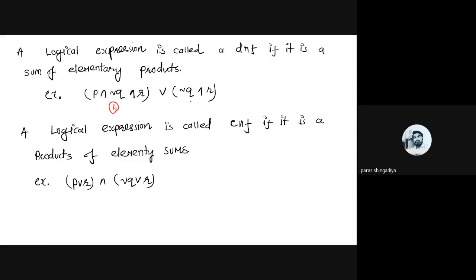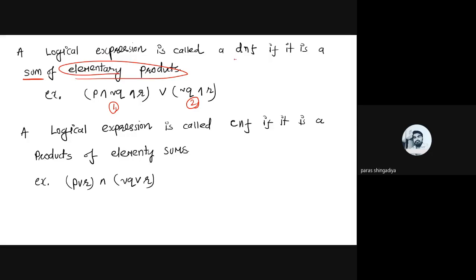Now check the first bracket and the second one. These are elementary products, using the AND operator, P and negation Q and R. Now you have to sum them, so we combine both products by using the OR operator. This is called a sum of elementary products.